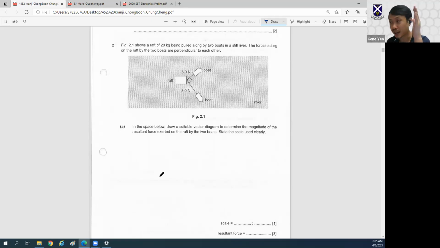Does anyone need me to explain how to go about solving question 2? Can you just raise your hand if you need me to explain? Okay, I don't see a hand raised, so I'm going to assume that it is all good.